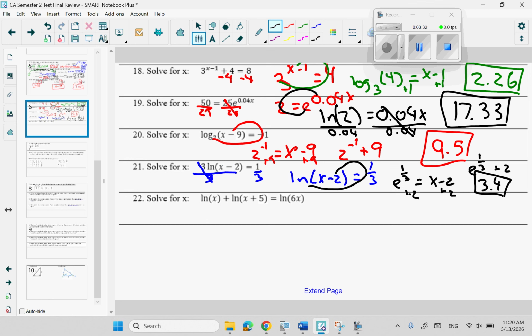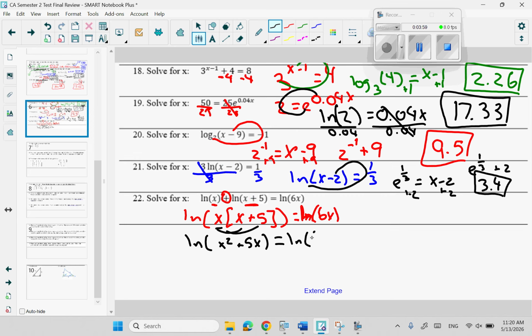Okay, 22, I am adding the logarithms, so I can put them together and multiply the insides. So I can distribute that. So you get x squared plus 5x and natural log of 6x.